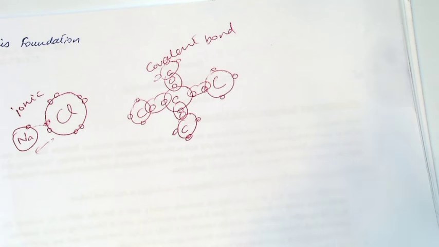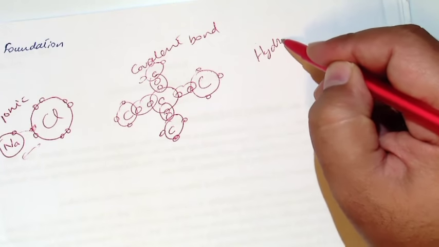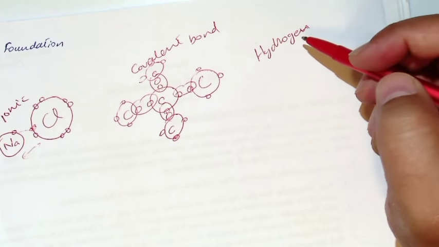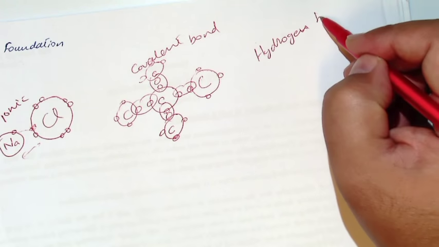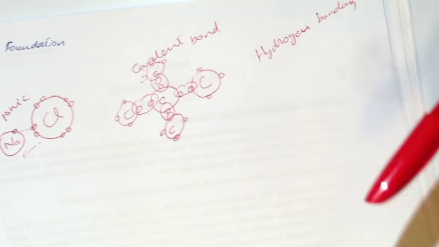But now there is some bonding which we call hydrogen bonding, right? And that's also very important because water has hydrogen bonding, which is a very common material to see. In general, in DNA we also have hydrogen bonding.